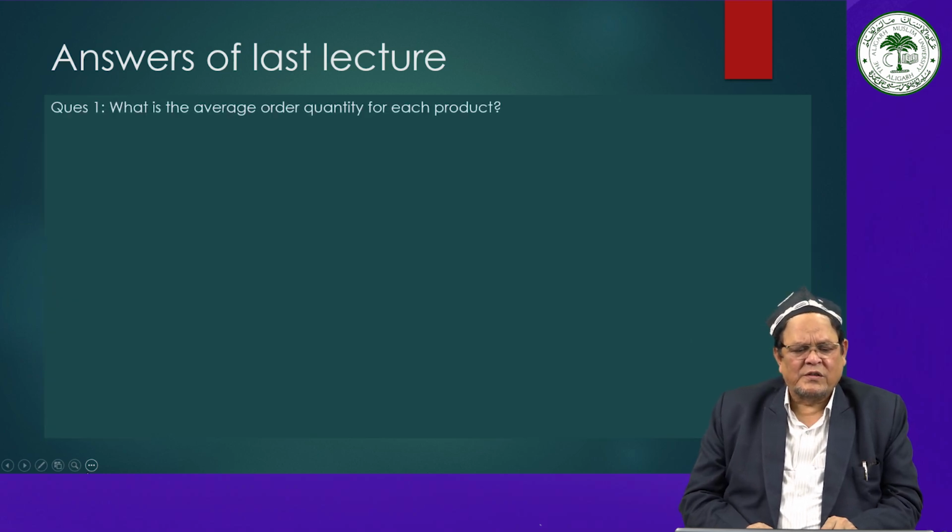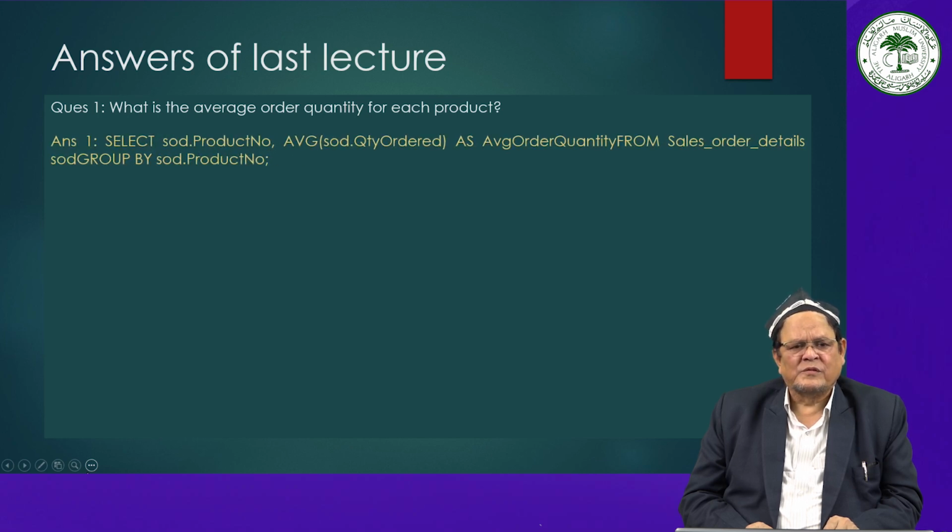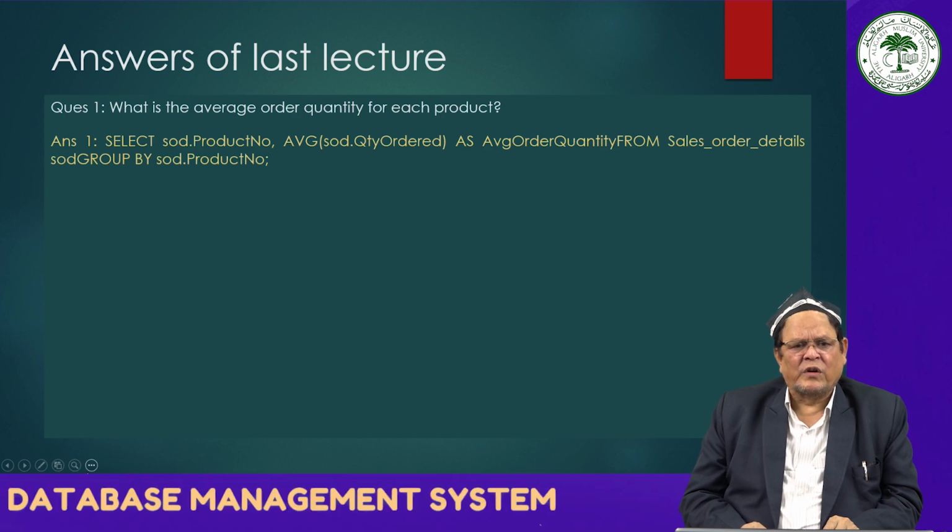The first question was, what is the average order quantity for each product? The answer is: select SOD.product number, comma, average, within parentheses, SOD.quantity ordered as average order quantity.